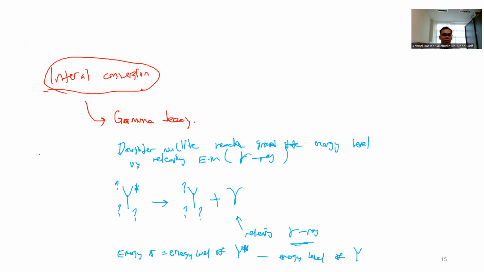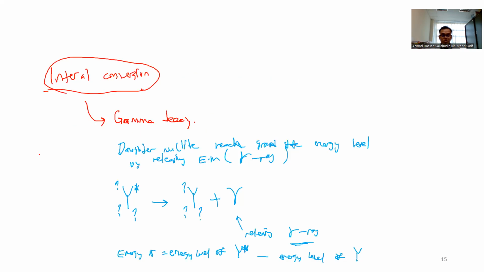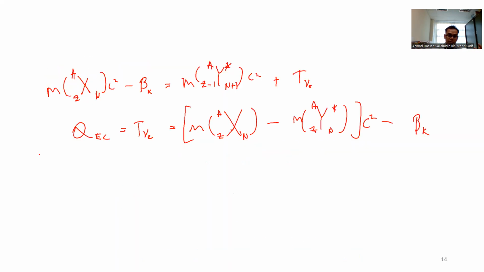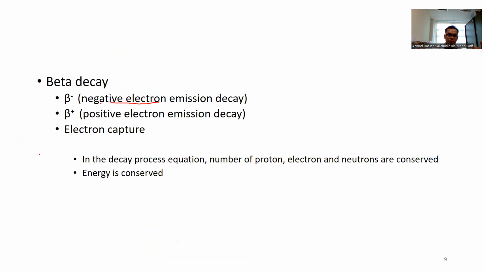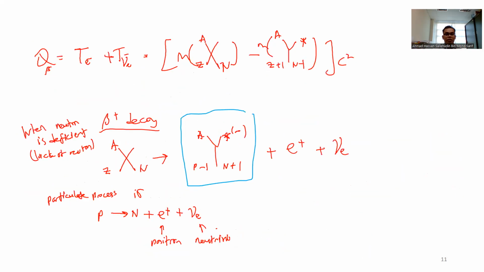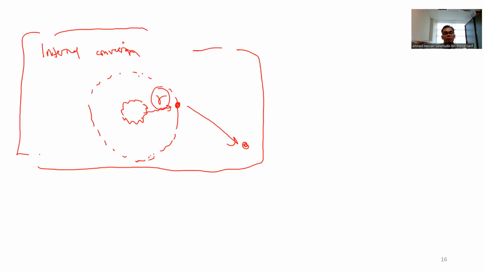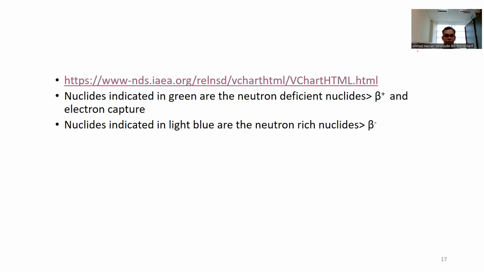So please pay attention to the gamma decay, electron capture, beta minus decay, beta plus decay, as well as alpha decay. And you can check the chart.